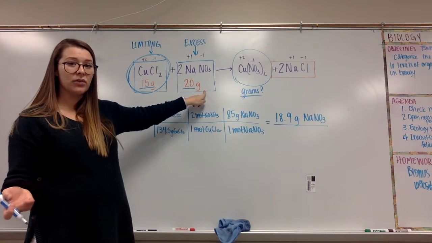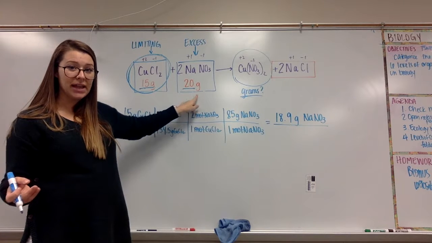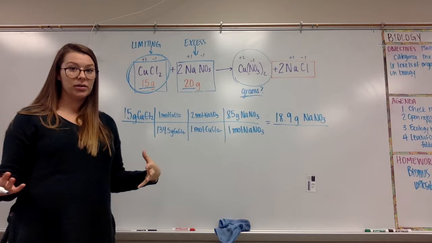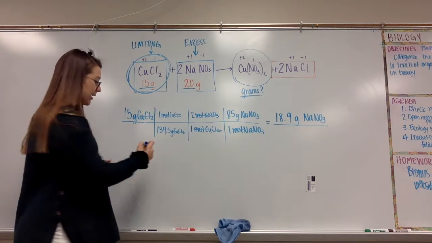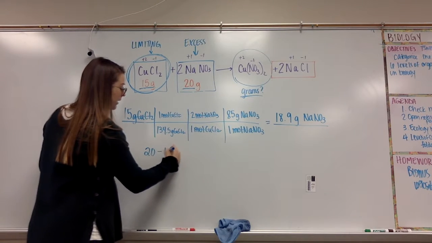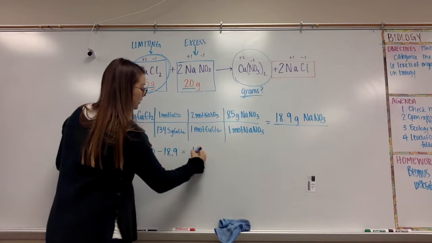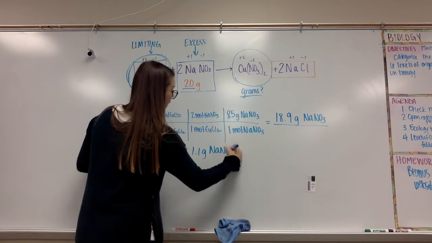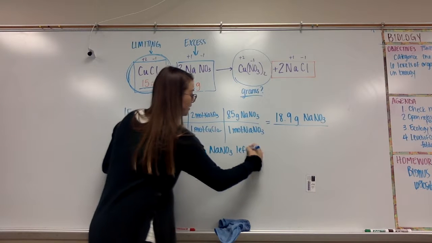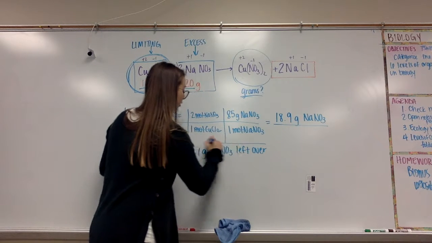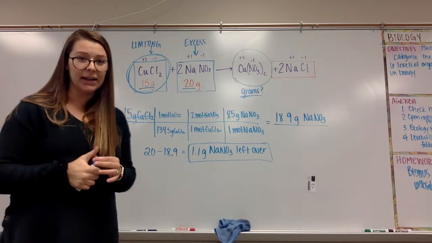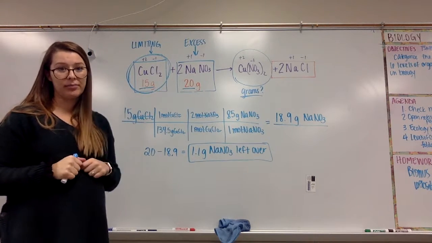How much is left over then? If I use 18.9 grams of this, how much is left over? Hopefully you realize 20 minus 18.9 is 1.1 grams of sodium nitrate left over, of my excess left over once I use what I need to react with my limiting.